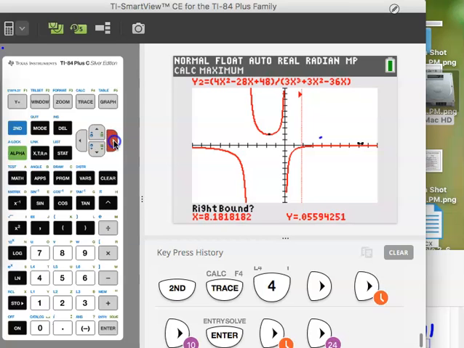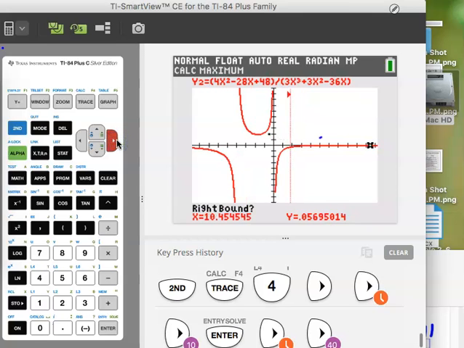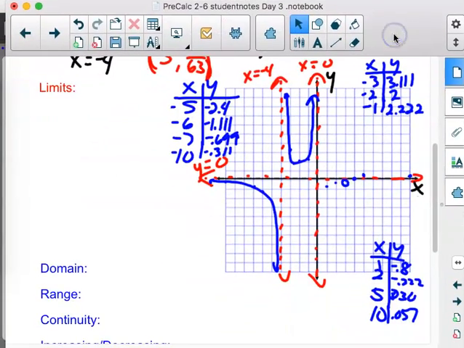All right, so 0.55, 0.56, 0.57. Oh, now it's coming down. So I'm watching this to see, hey, there is a local max there. Enter, enter through guess, and there it is. We have a local max of 0.057 at x equals 9.657. So we better write that down way down there in the bottom of our analysis.